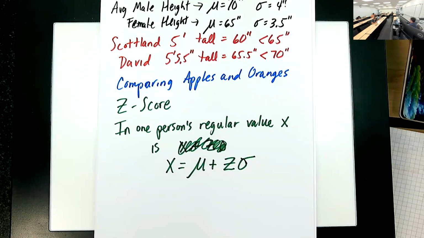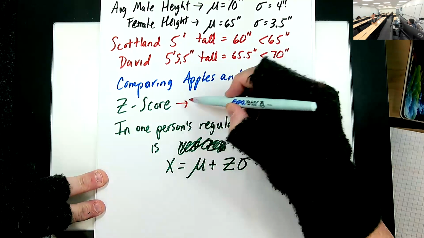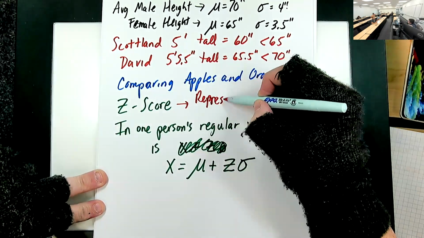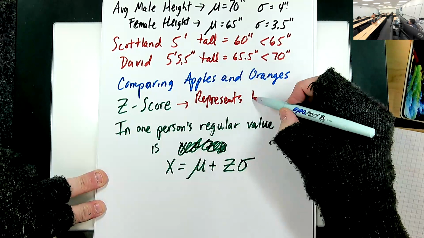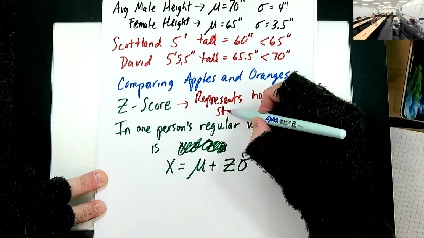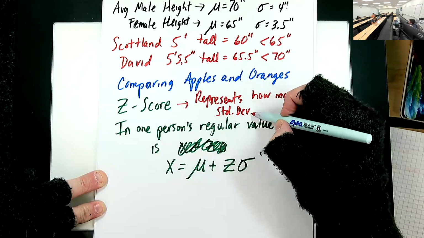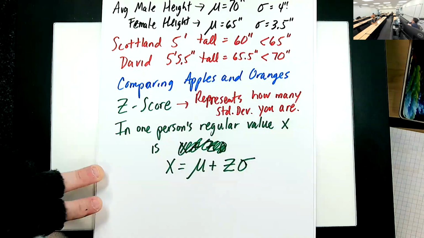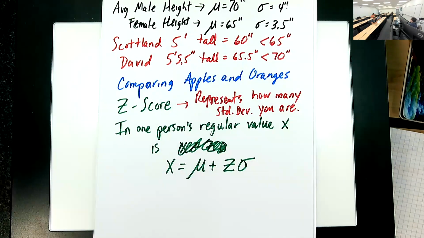So the z-score, on the z-score rating system, represents how many standard deviations you are away from the mean. How dispersed or how spread you are from the center of your respective group.